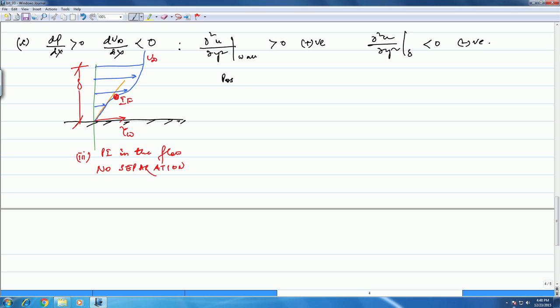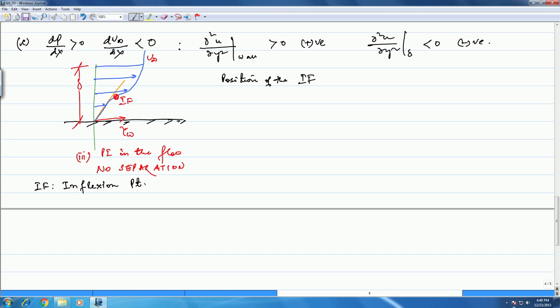So position, IF is basically inflection point. I don't think I wrote that anywhere. IF is basically inflection point.